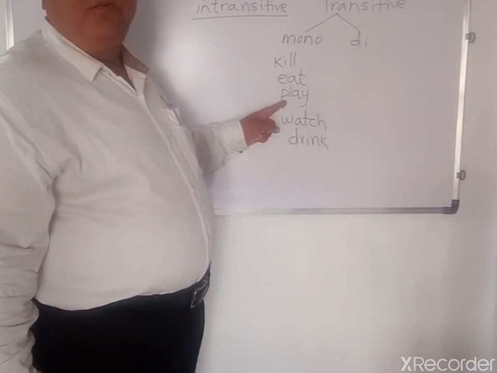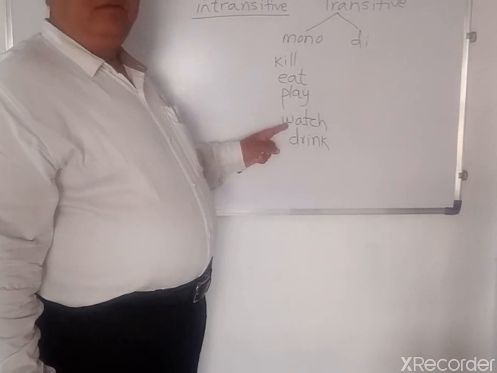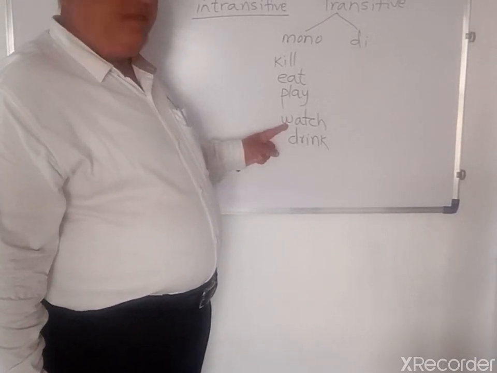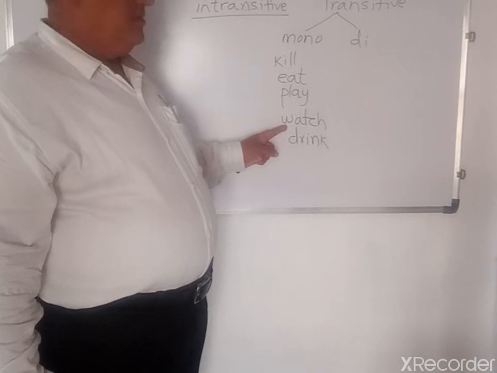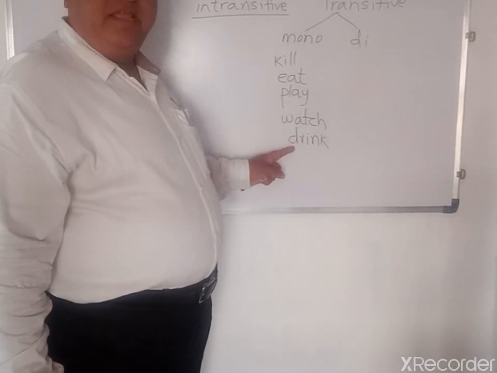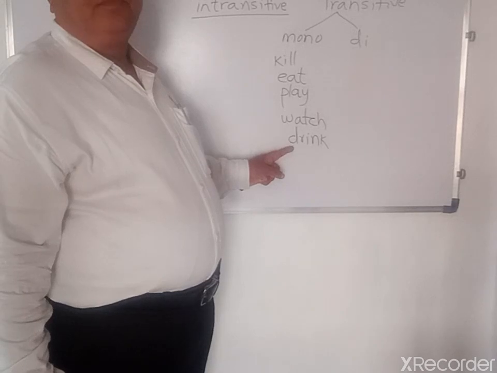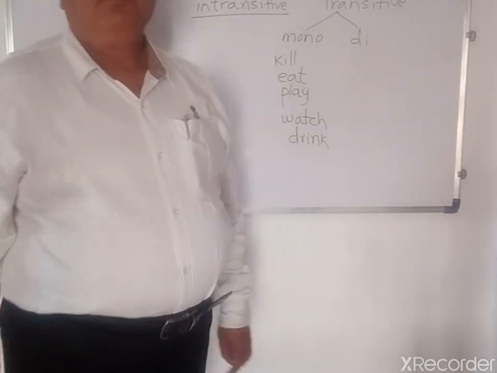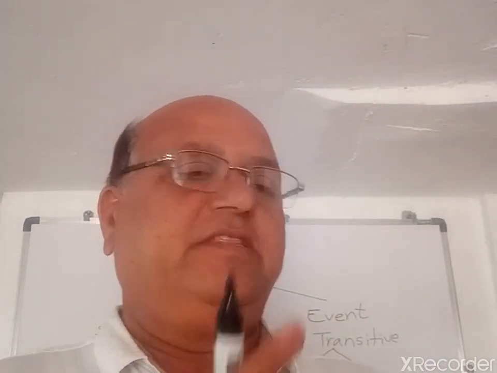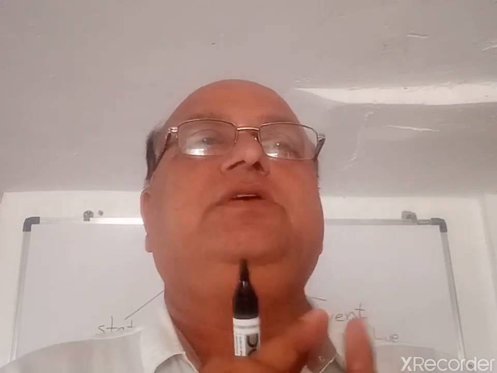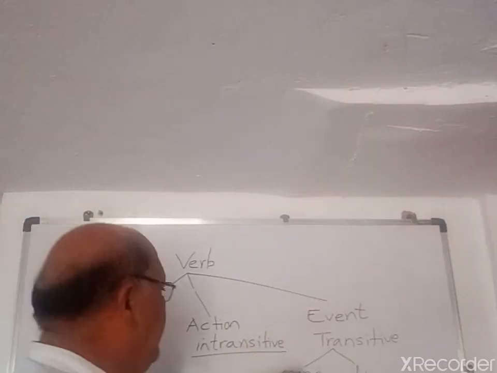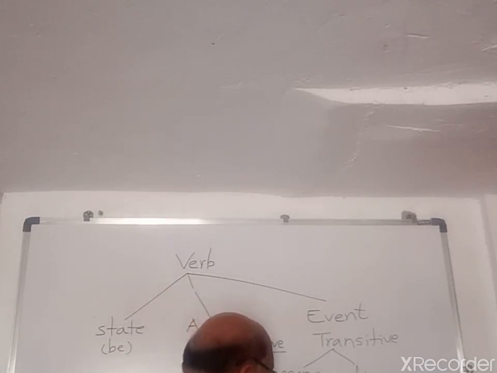They play football. She watches TV. I drink tea. All these come under monotransitive verbs. In monotransitive verbs, they take only one object with it. So they are SVO types of sentences.